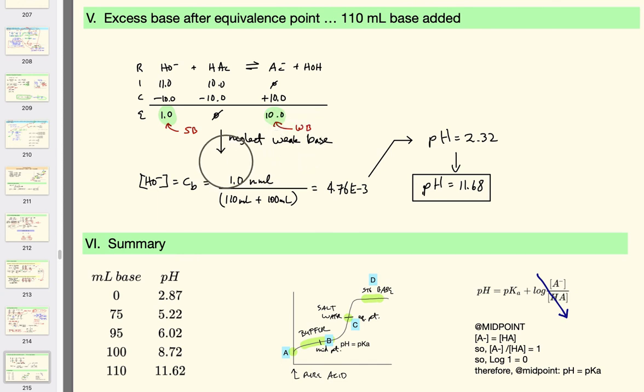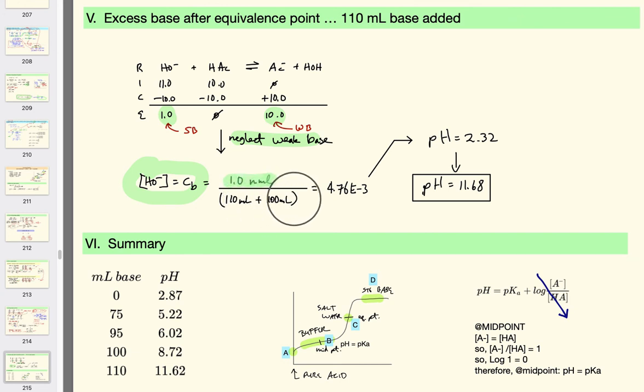Well, we don't really have a formula for a strong base and a weak base. We don't need one because we're just going to neglect the weak base. It's going to get washed out by the strong base. So now we just have a strong base system. And what do we know for a strong base system? The hydroxide concentration is just equal to the concentration of the base. So, which is what?